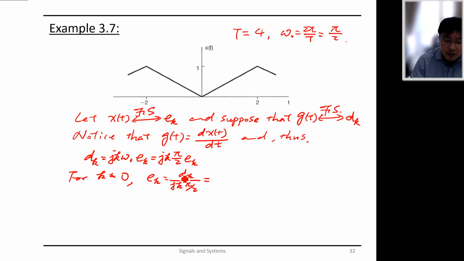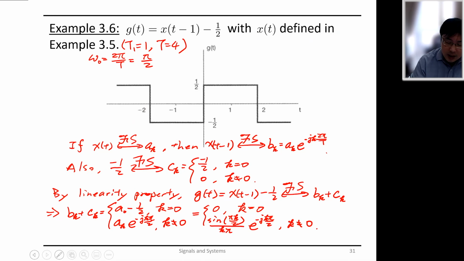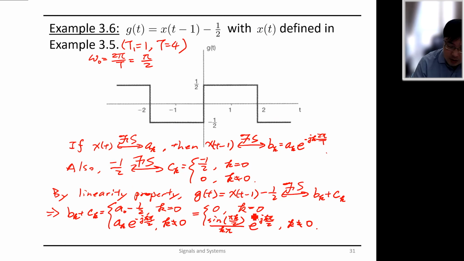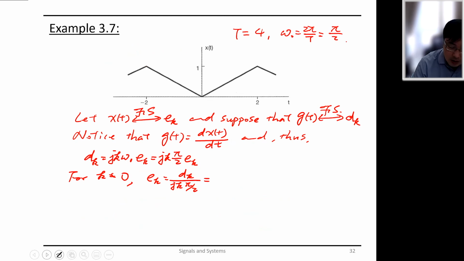And this dk we just derived in the previous example, right? So this dk is this expression here. So for k not equal to 0, it is this thing here.